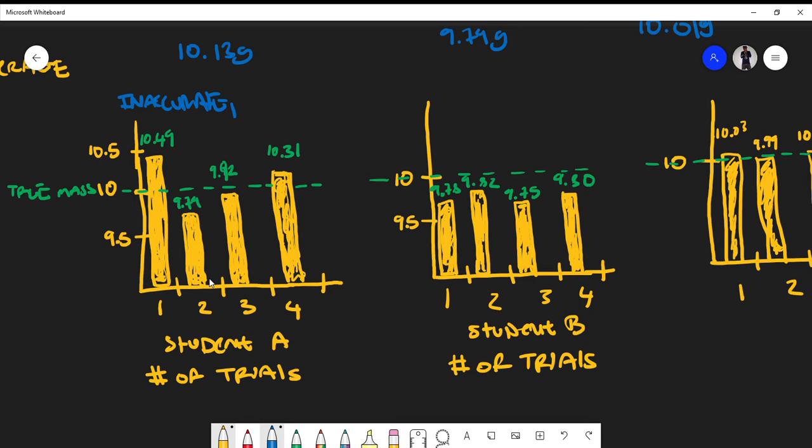As you can see, these numbers are all over the place. They're not in synchrony with each other. But when we say inaccurate, we're comparing these measurements to the true value, and he only hit it once. Only one out of the 4 trials was really close to the true value, so we say he is inaccurate.